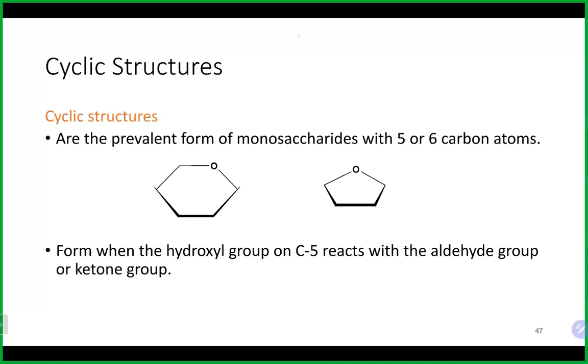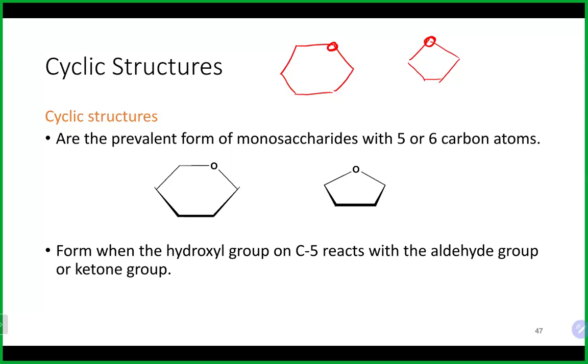So when we think about our cyclohexane type of ring, that's what it looks like, and our cyclopentane ring here. Once again, the difference is that an oxygen gets incorporated into the ring as they close in on each other.